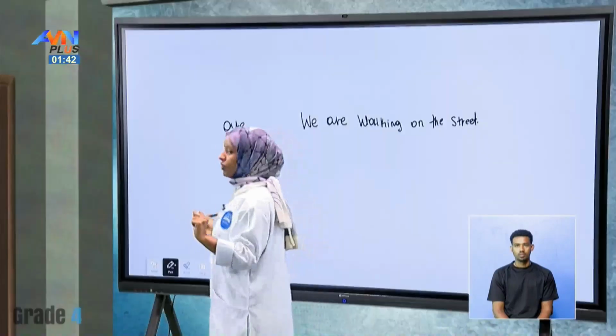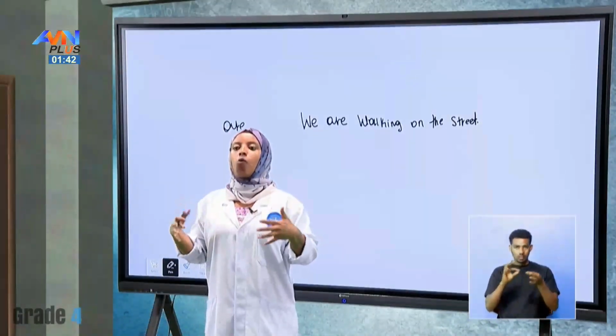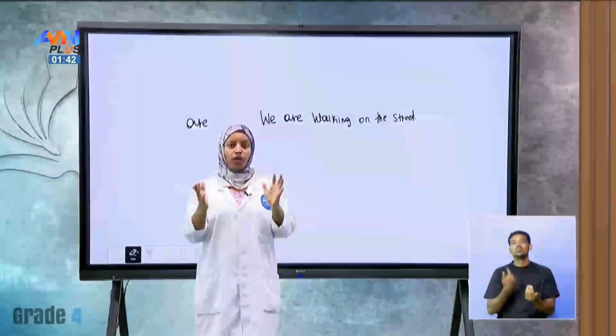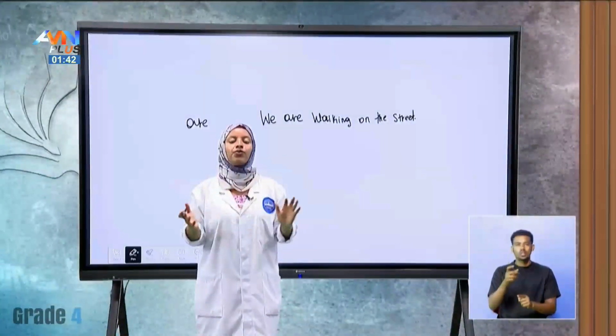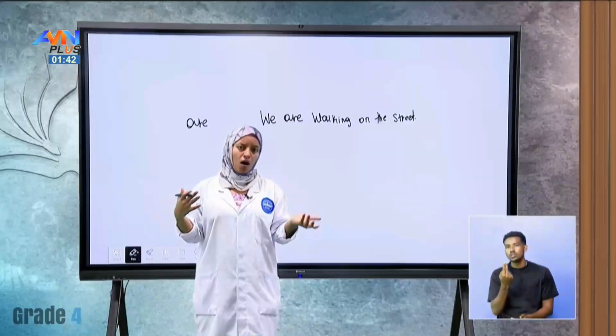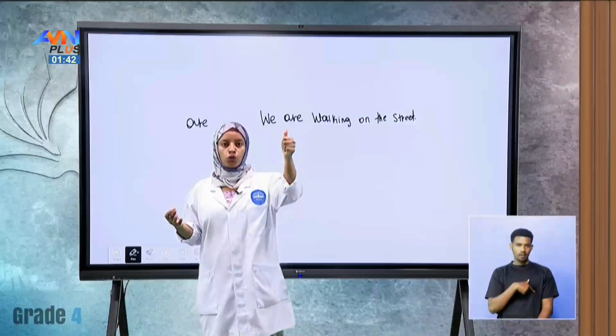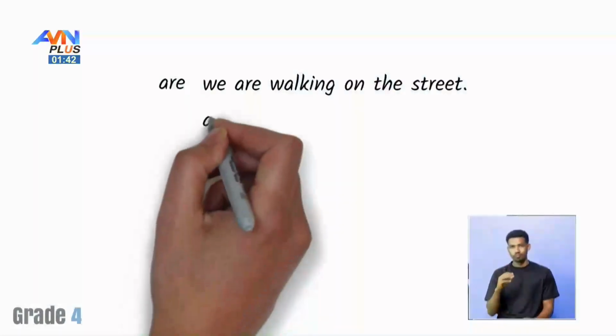So here is a positive or affirmative sentence. So how are we going to ask a question or interrogative form? By using what? Are. We. What are we going to use? Bravo, students. Easily. Are.